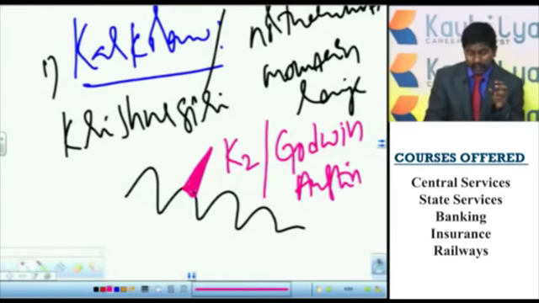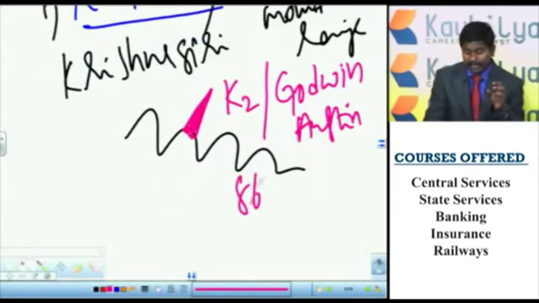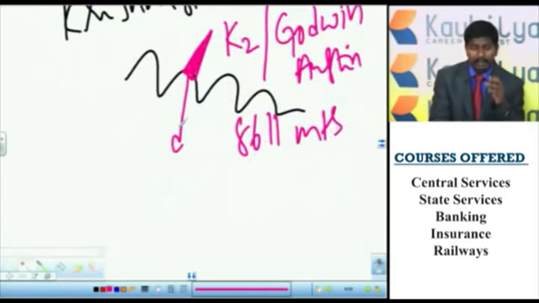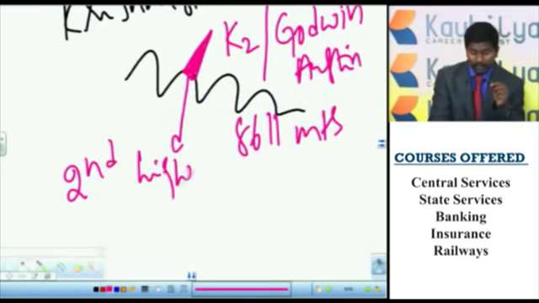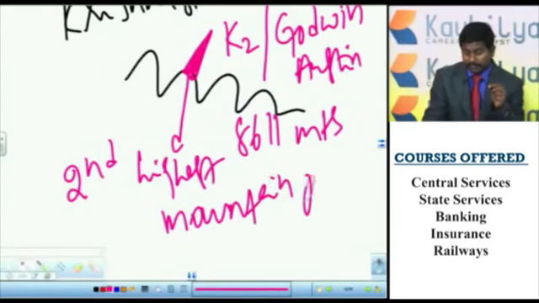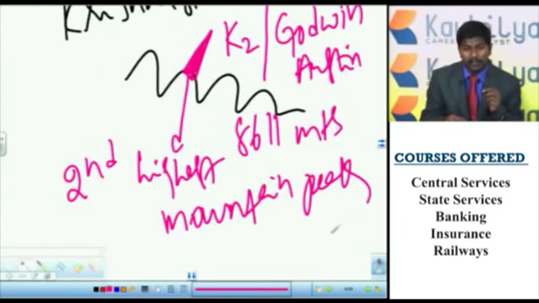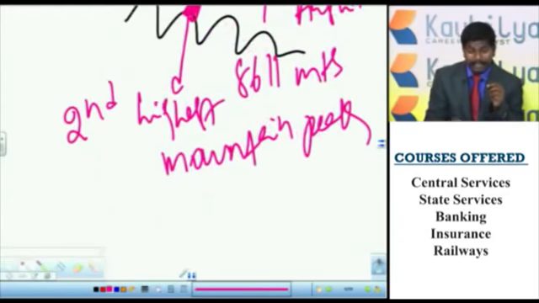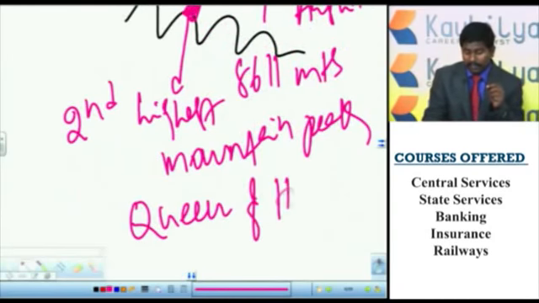Now this K2, Godwin Austen, with a height of 8611 meters, is today the second highest mountain peak in the world, and it is called the Queen of Himalayas.